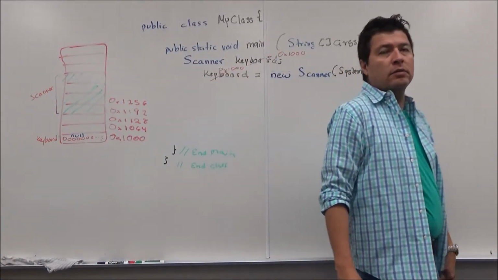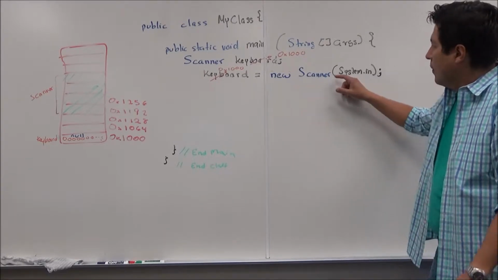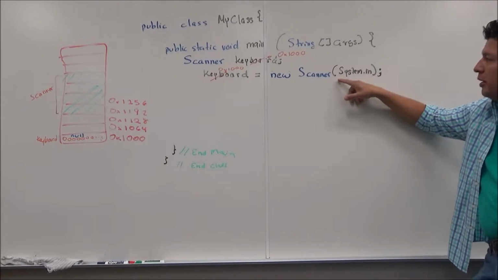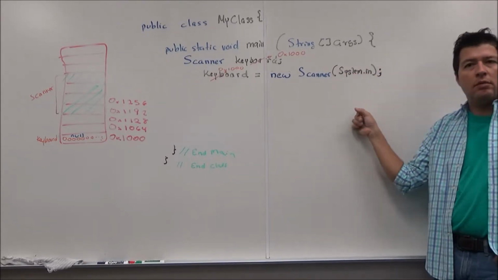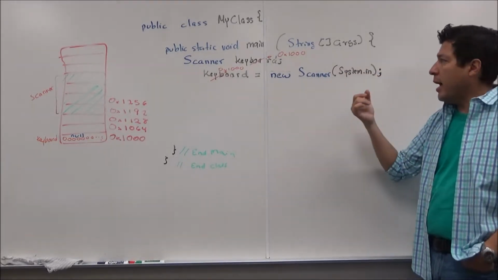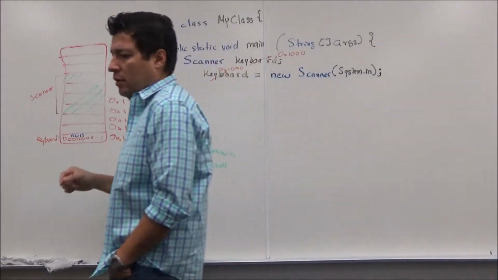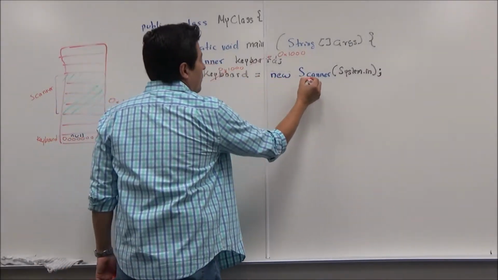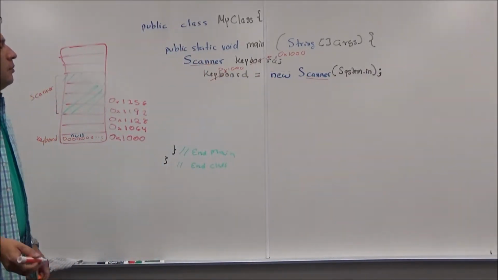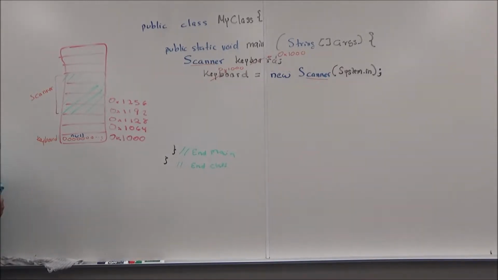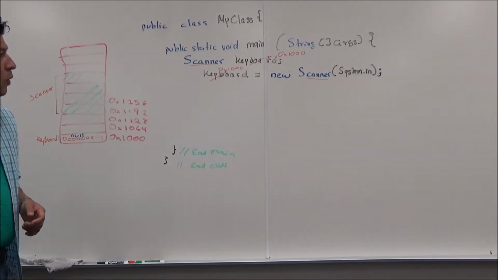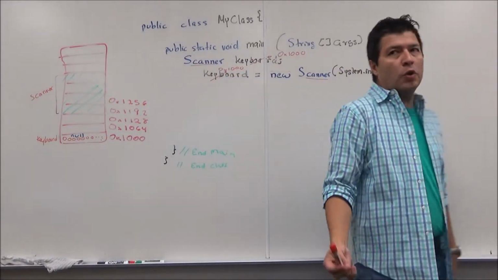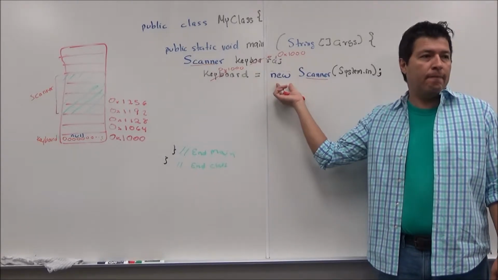This Scanner class, it looks like a method, right? If you notice, it has parentheses. It's like a method, right? But actually, Scanner is a type. So when you have this keyword new, it allocates memory, right?